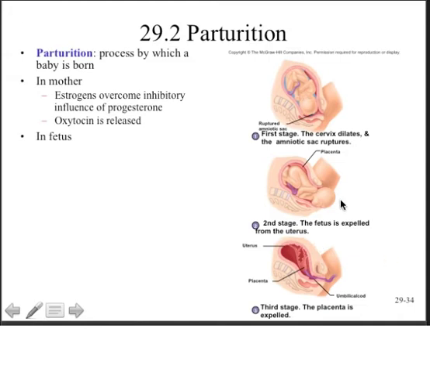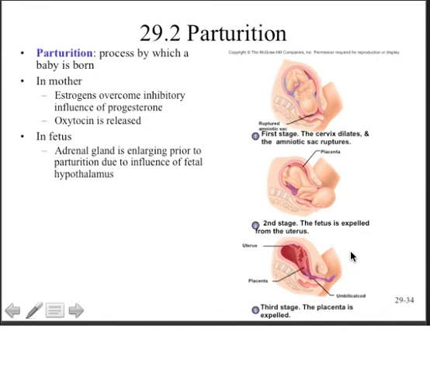As you can see here in the second stage, the baby emerges, and in the third stage, the afterbirth is expelled. What brings this on is that in the fetus, the adrenal gland is getting larger before parturition because of the development of the fetal hypothalamus.